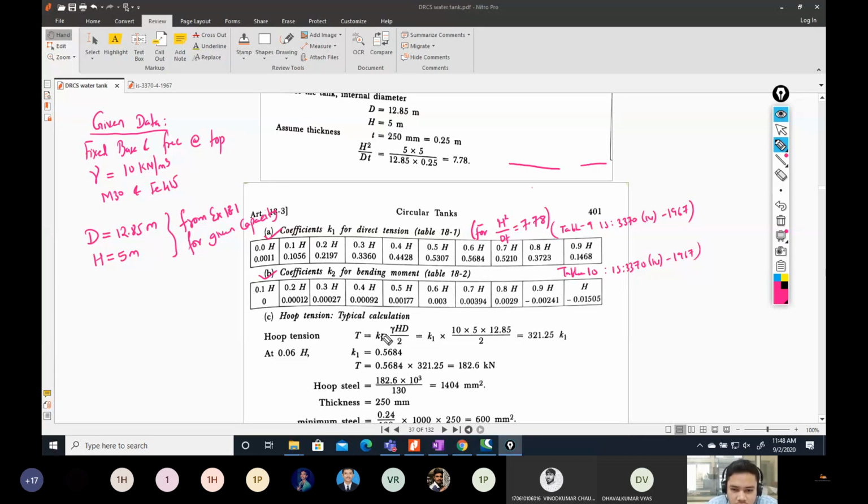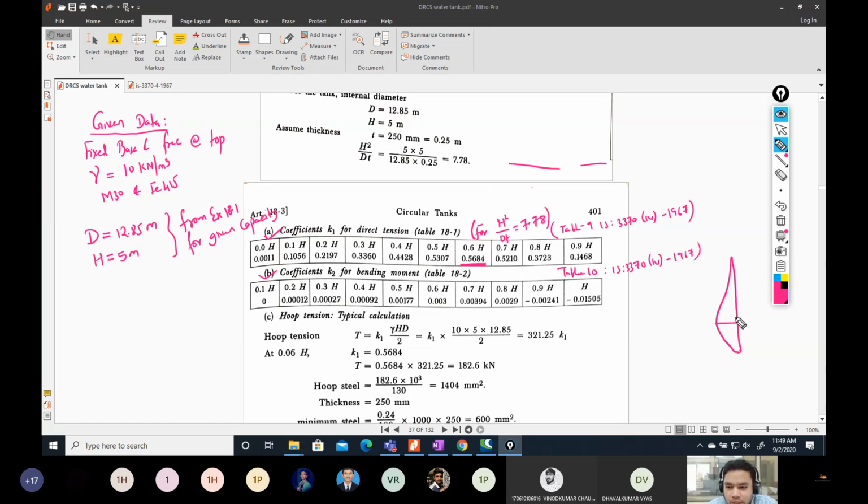Now looking at this table, the value of the hoop tension is maximum at 0.6h. If you follow the pattern of the hoop tension, it is 0 at the top, then it gradually increases to a maximum, and again tends to 0 at the base.